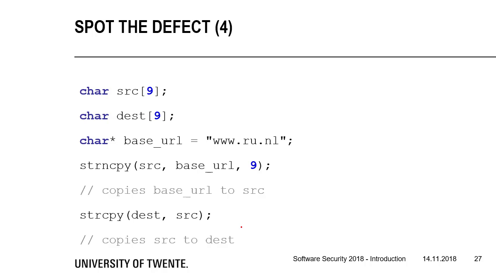A string is simply represented in C as a pointer pointing to memory where you find characters that are not a null byte. A string always stops at a null byte, which means when you have a string with 4 characters, you need a buffer of size 5, because you also need to store the terminating null byte. So when you want to store a string of length n, you need a buffer of size n plus 1. That's why when you have a buffer of 20, you can only store a string of length 19, because you always need 1 extra byte for the terminating null byte in C.